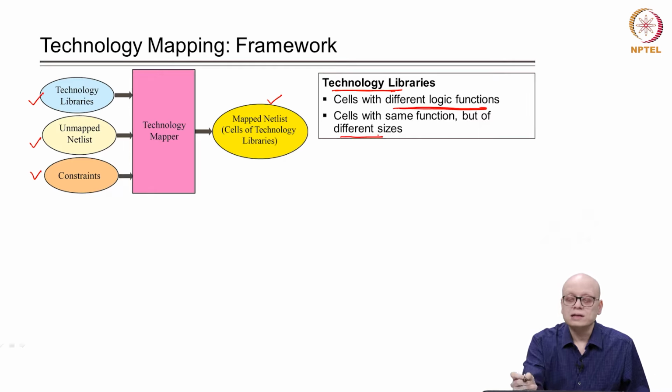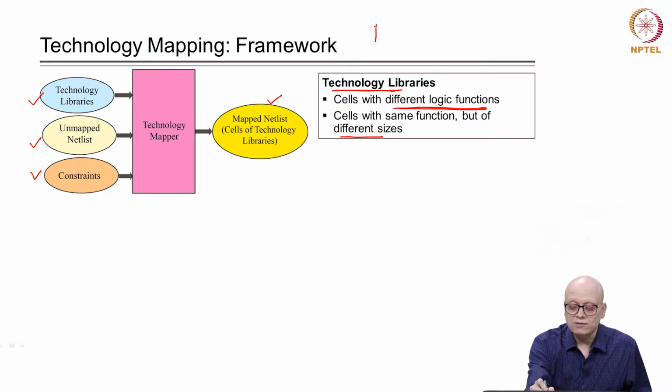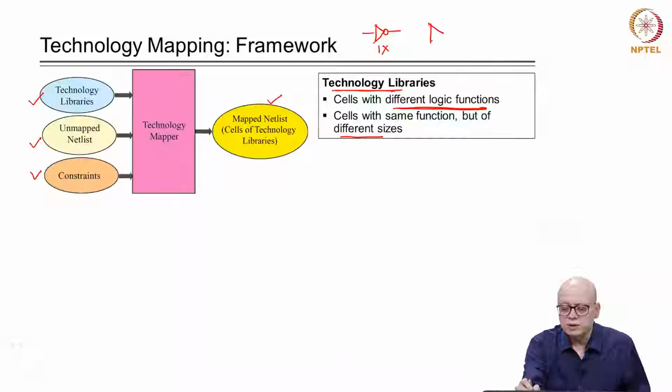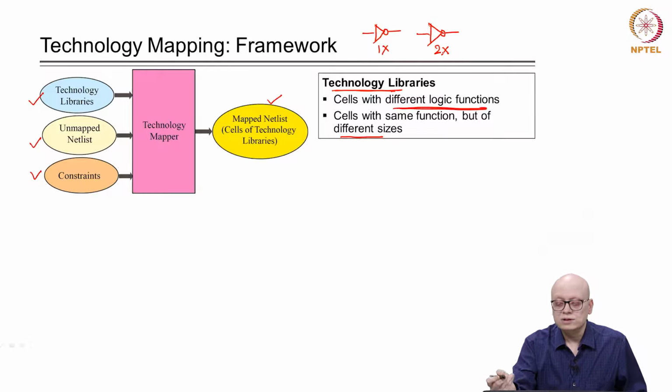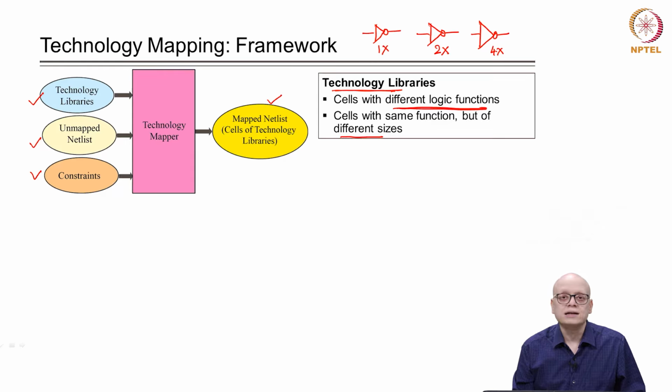For example, for the logic function of a NOT gate or an inverter, we can have an inverter of size 1x, where x is some unit of area, or there can be an inverter of size 2x. Then there can be a third inverter which has a size of 4x and so on. Similarly, for other kinds of cells, for example, NAND gate, NOR gate, OR gate, AND gate, there will be multiple cells of different sizes which deliver the same functionality.